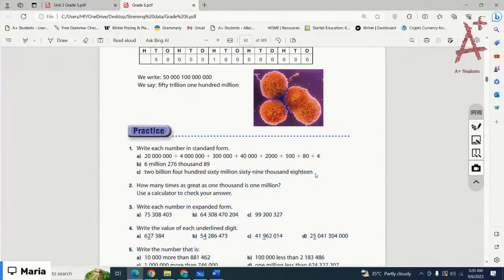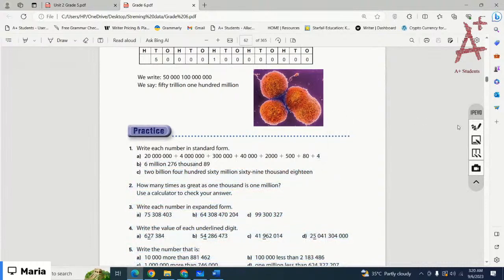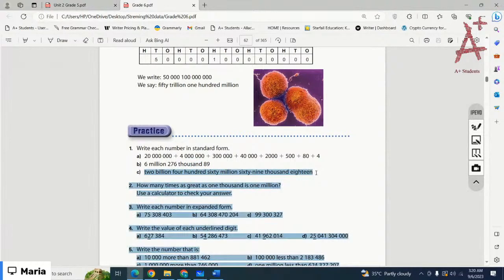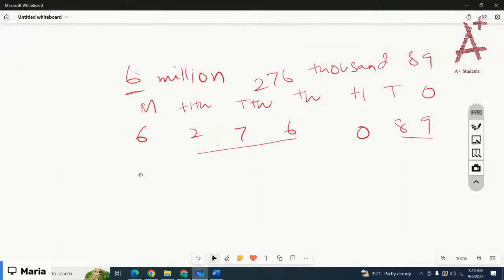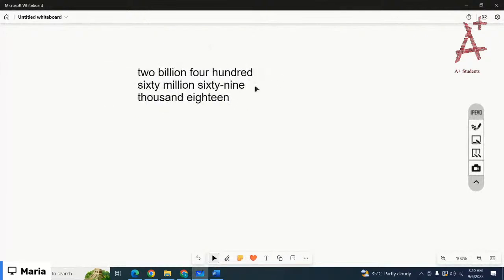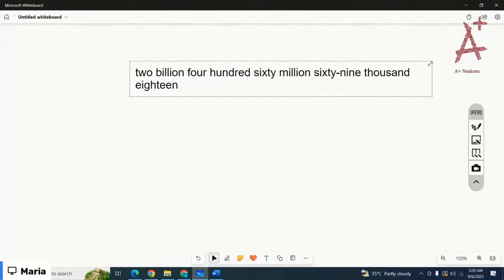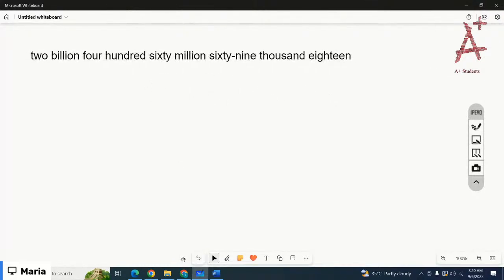You have to write it in standard form. Actually, I just want to copy and paste the number on the board. Okay, that is billion.